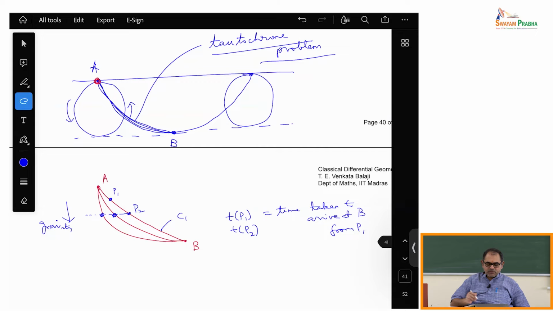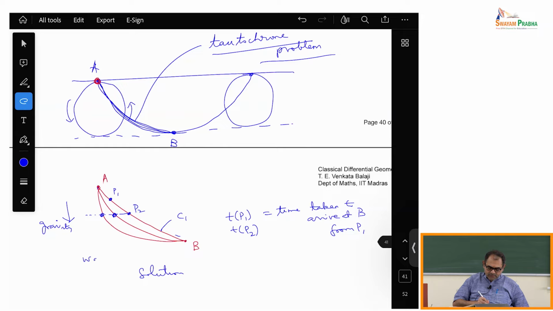Interestingly, the solution to the tautochrone problem is this arc of the cycloid from A to B, with A as the cusp, and B is the lowest end.